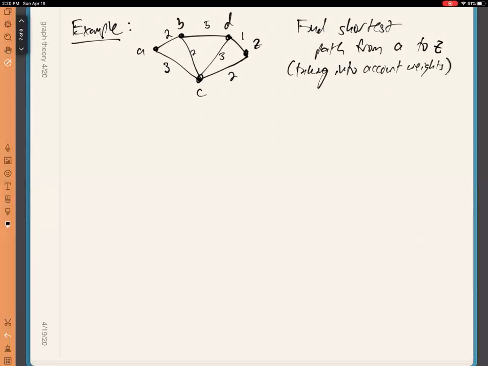Okay, and so there's a relatively few number of vertices and edges here. So if you just list out all the possibilities, you'll be able to find the answer. And so it turns out in this case, if you go A to C to Z, that'll contribute the smallest cost. So that'll be the answer.